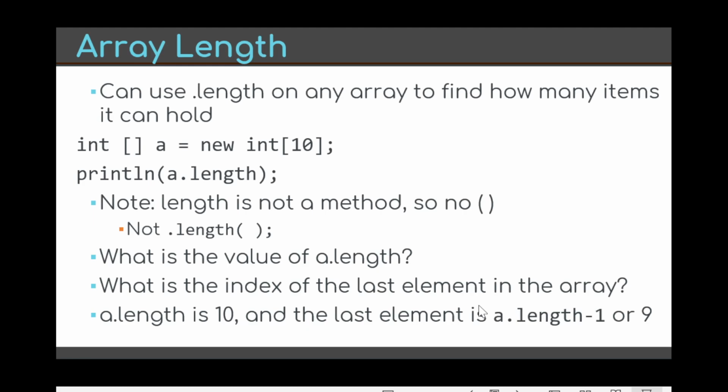But we start counting at 0. 0, 1, 2, 3, 4, 5, 6, 7, 8, 9. If we did a bracket 10, that would be the 11th item, and you'd get an error. Out of bounds. Index at line whatever, out of bounds for array a. So the last element in an array is actually length minus 1. So that'll be handy for you when you make for loops.